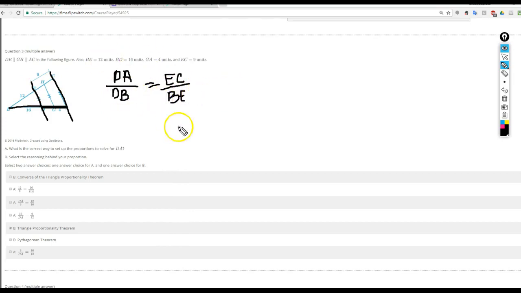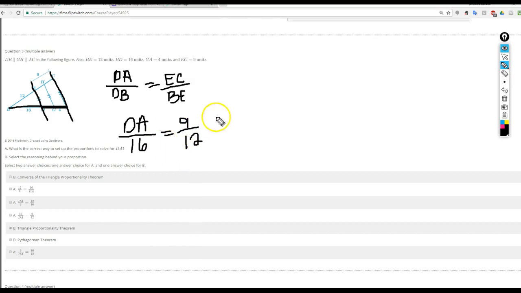And by substitution, we are going to have DA, which we do not know, and BD's length is 16 units, is going to equal EC is 9, and BE is 12.